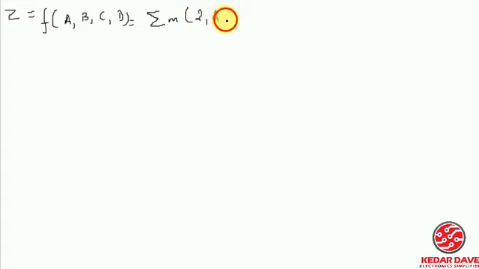First is given as z is equal to function a b c d is equal to sigma m into the bracket 2 4 6 11 12 and 14.